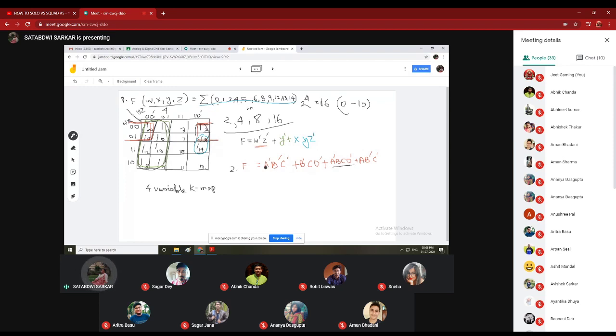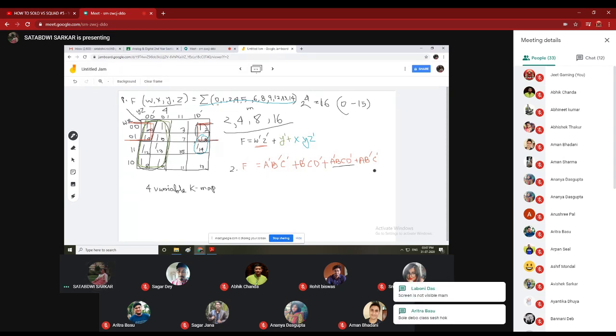Here d is not present, here a is not present, here d is not present, but in this one part we can see 4 variables. So we can understand that this will have 4 variables. So we will make a K-map for this.